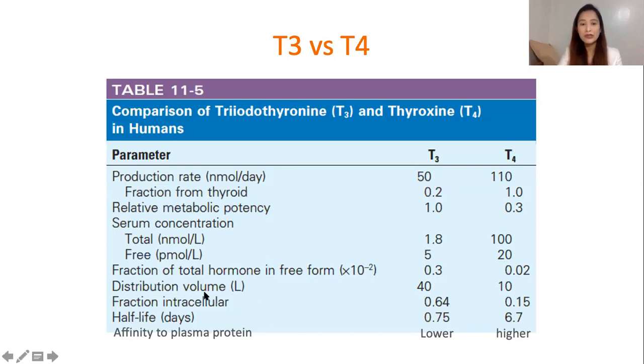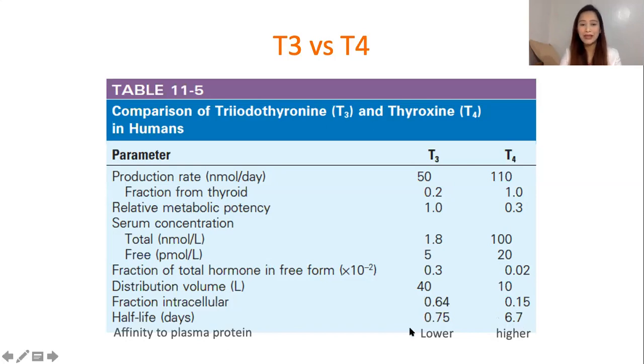For distribution volume, T3 is more distributed in the body simply because in the peripheral tissues your T4 is converted into T3. And in terms of half-life, your T4 has a longer half-life because more of it is bound to your thyroxine binding globulin, making it less susceptible to metabolism.